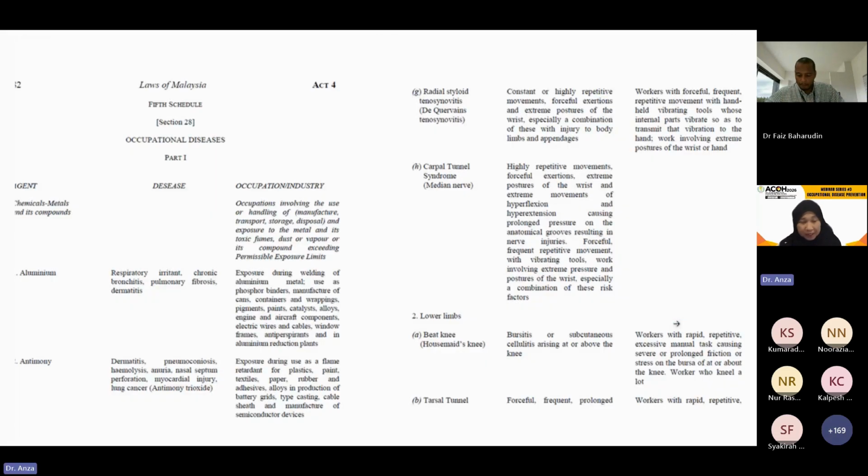So this is the formulation, in one of the acts. For carpal tunnel syndrome, this is the clinical diagnosis. What is the exposure to say that carpal tunnel syndrome is an occupational disease? The exposure involves highly repetitive movements and forceful exertions. So these are the definitions. I know it's a bit general, but I will show you how we are going to apply that.